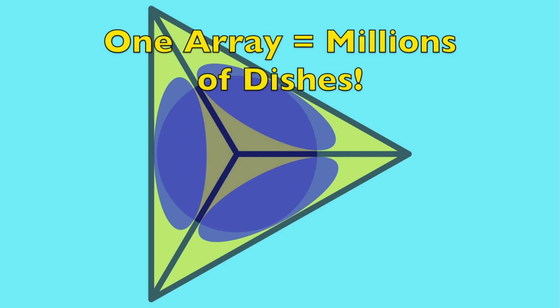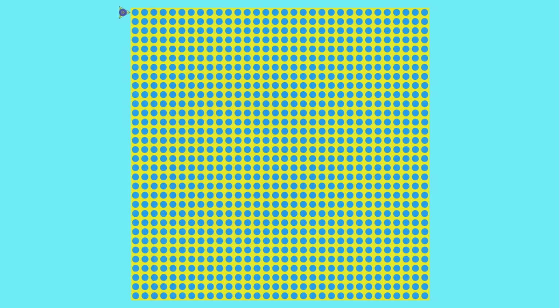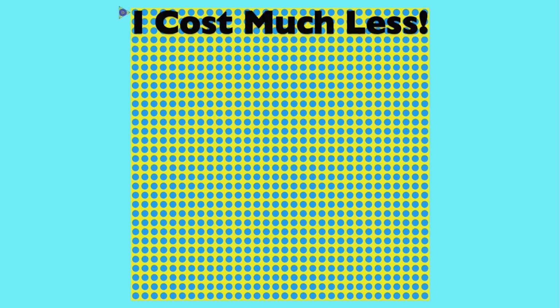In that case, each of the arrays on the 4 faces of the tetrahedron would be doing the work of millions and millions of dishes. And the tetrahedron is a lot smaller than a planet-sized irregular polyhedron.